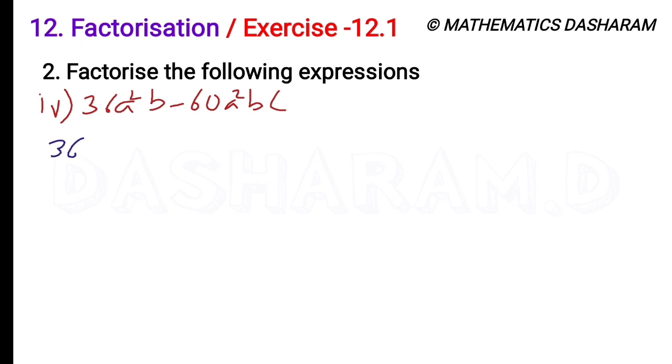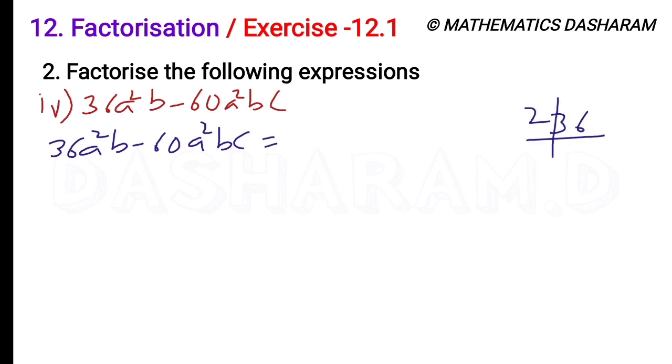Fourth question, 36a square b minus 60a square bc. It is equal to, here 36 factorization is 2 18s, next 2 9s, next 3 3s.